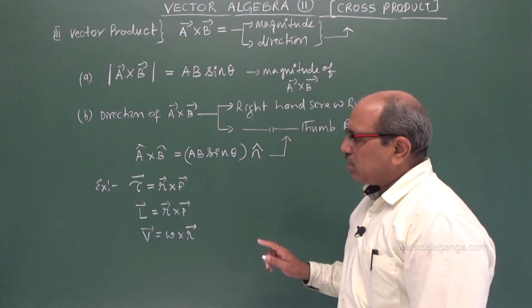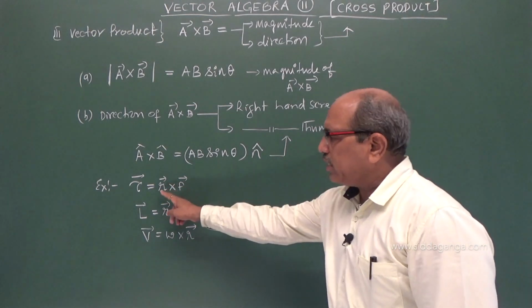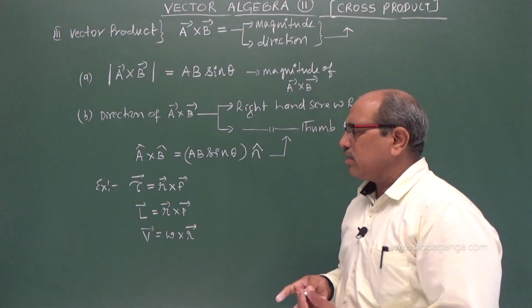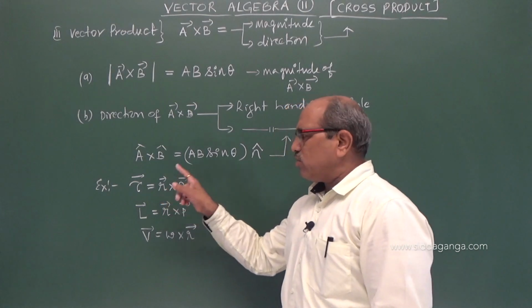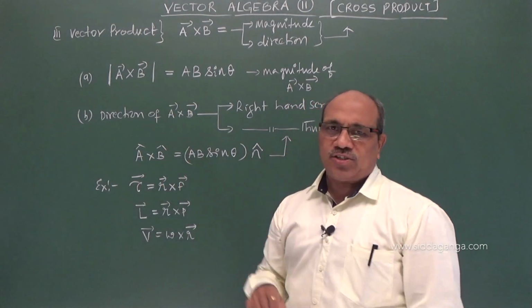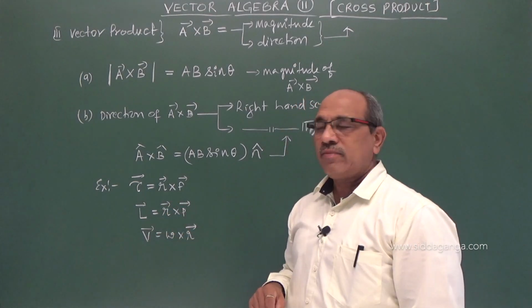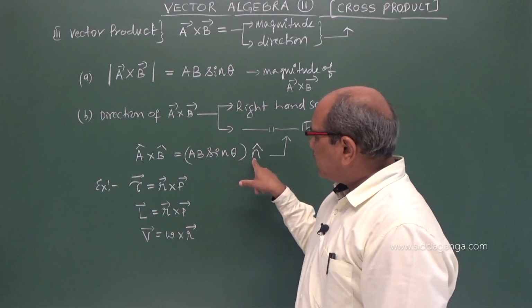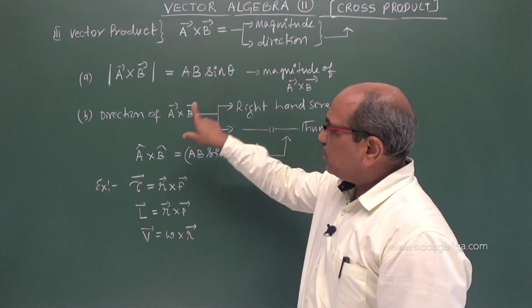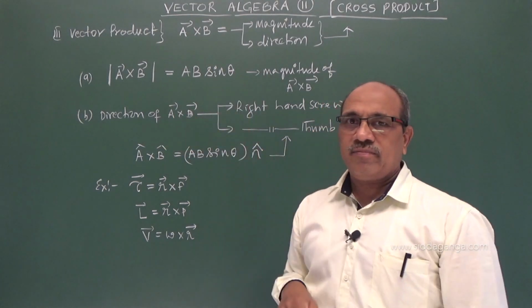And the direction comes to be perpendicular to both of them: perpendicular to R, perpendicular to F, the torque acts; perpendicular to R, perpendicular to P, L acts. That means the direction n is perpendicular to both A and B.